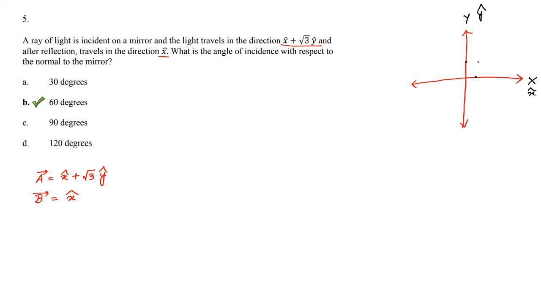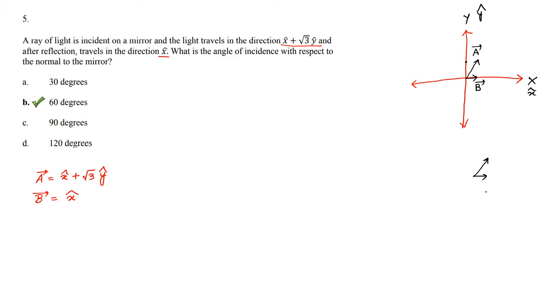Okay, so this is our required point, and from the origin this will be the vector A. And vector B is x cap, that is this. So this is the B vector. That means the incidence vector is this and the reflection vector is this.